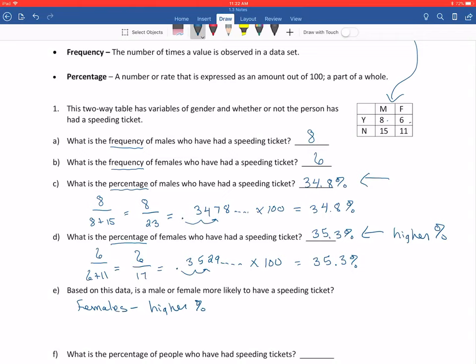And what's important to note here is that it is unfair to compare the frequencies when you have different sample sizes.